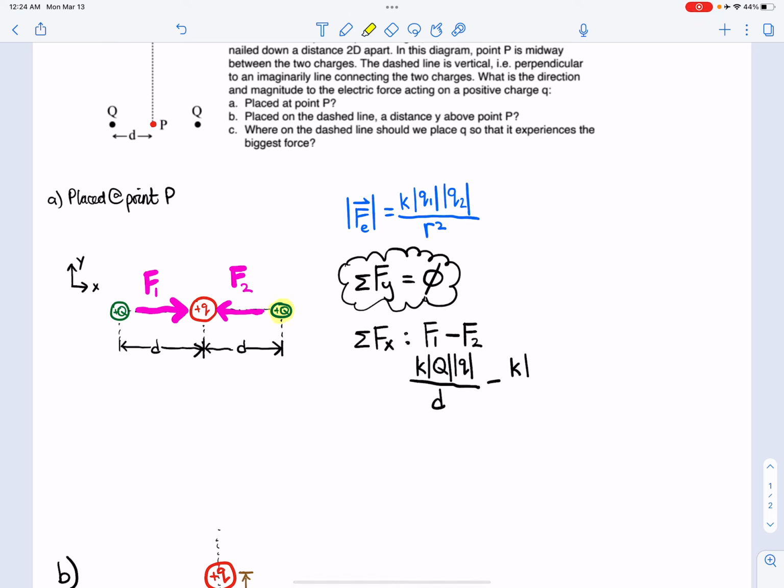The source charge of that is also positive, capital Q. So Q, and then again, we're looking at the same point, which is little q, divided by the distance between F2's source charge and the little q, which is also d. So divided by d. And obviously these guys are equal but opposite in direction. So that tells us that delta Fx is also equal to 0.